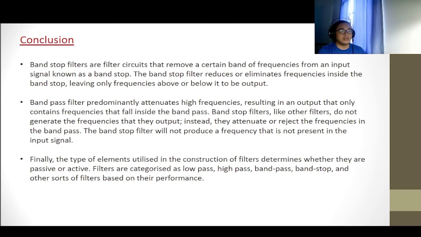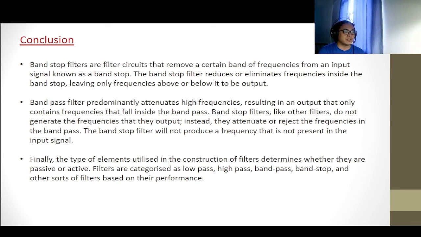For conclusion, band stop filters are filter circuits that remove a certain band of frequencies from an input signal, known as a band stop. The band stop filter reduces or eliminates frequencies inside the band stop, leaving only frequencies above or below it to be output.